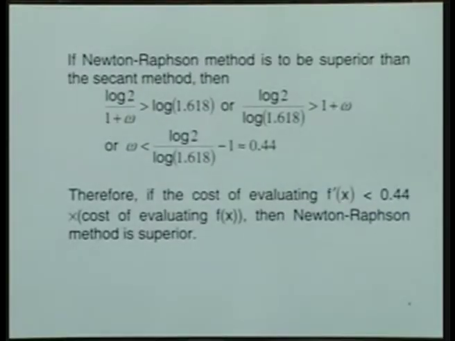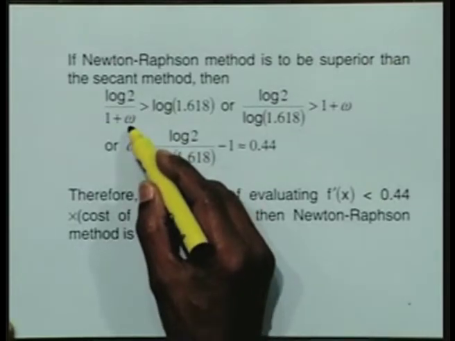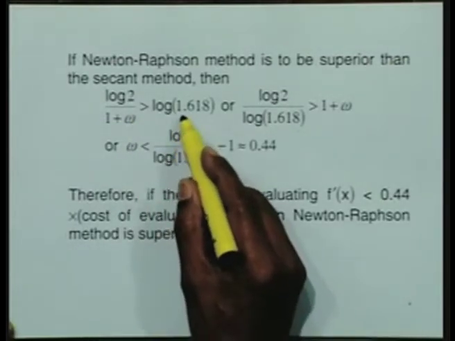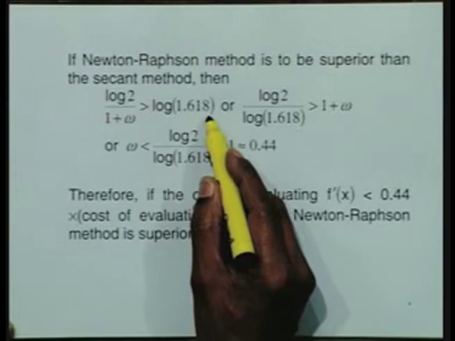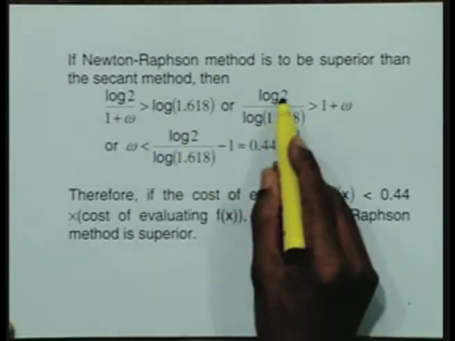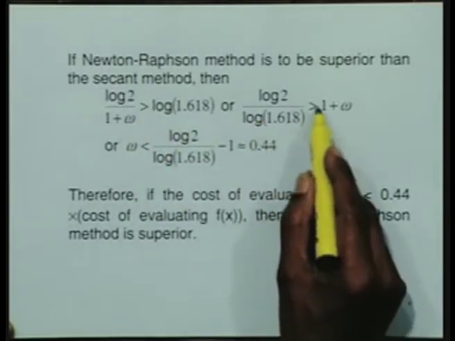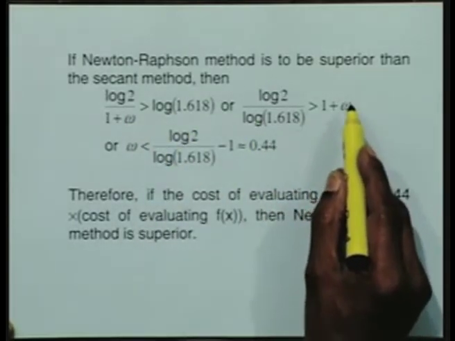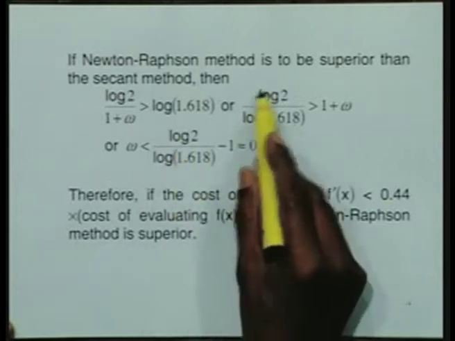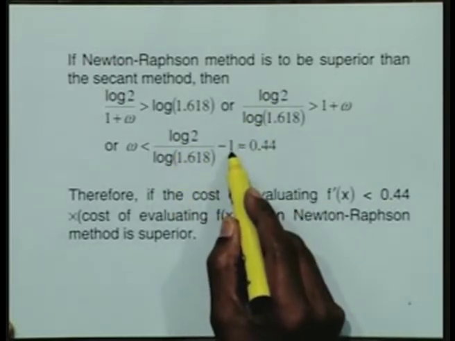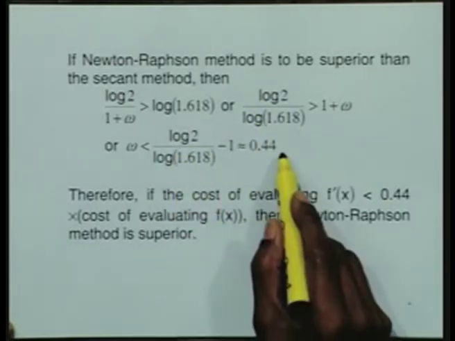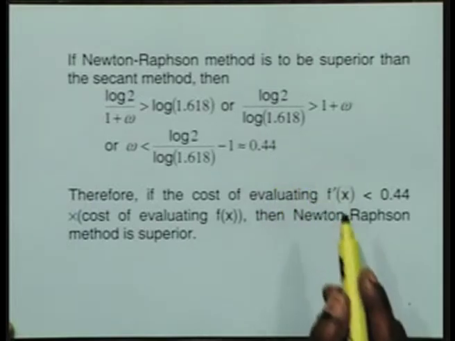So we should have the logarithm of 2 divided by 1 plus omega greater than the logarithm of 1.618. Let us simplify this. The logarithm of 2, I bring it to this side, divided by the logarithm of 1.618 is greater than 1 plus omega, or omega is less than this quantity minus 1. If I just evaluate this, I get it as 0.44.